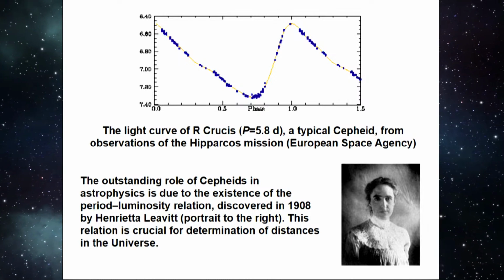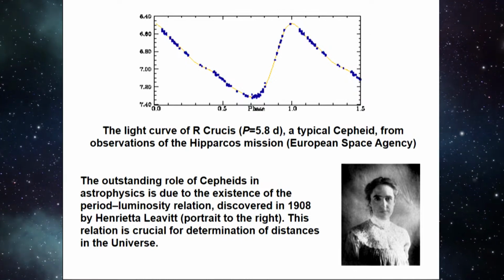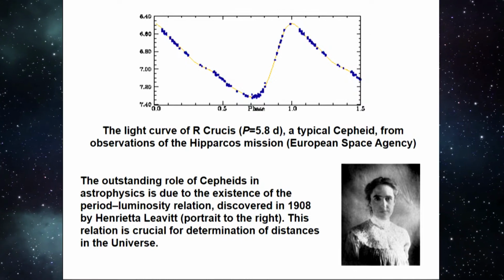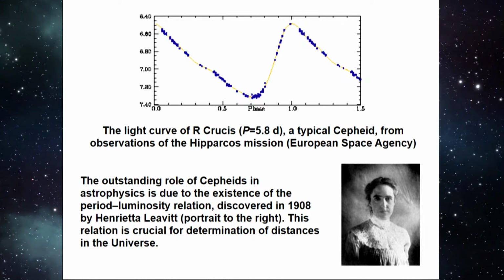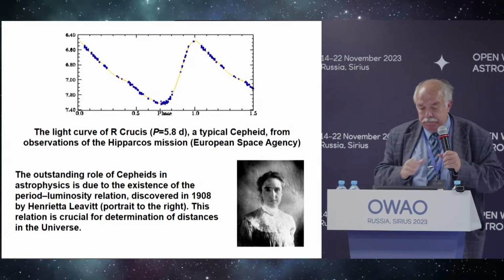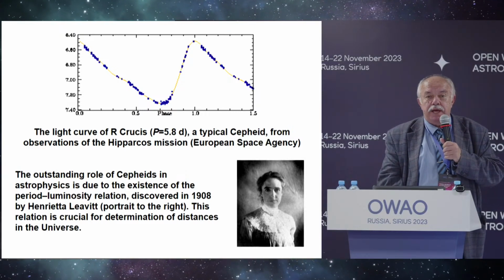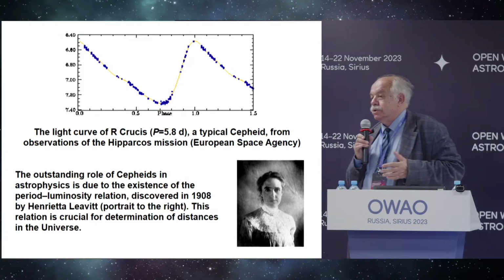And if we know the period, we know luminosity, because there exists a period-luminosity relation for these stars discovered by Henrietta Leavitt many, many years ago. By the way, this is more or less the only portrait of Henrietta that is known. People say that now we have different ways to learn distances to stars, but the important link between galactic and extragalactic astronomy in the sense of distances is just the link provided by Cepheids.